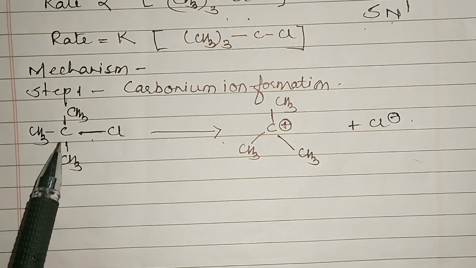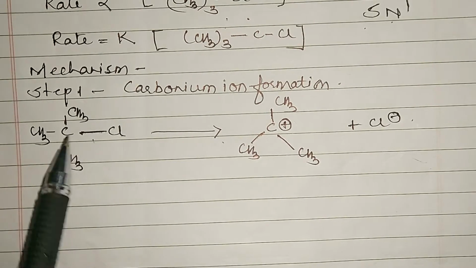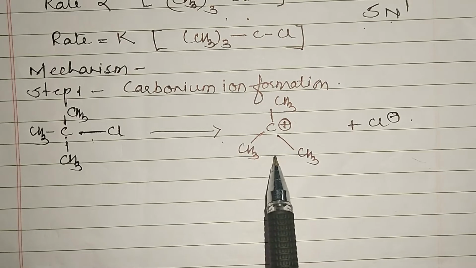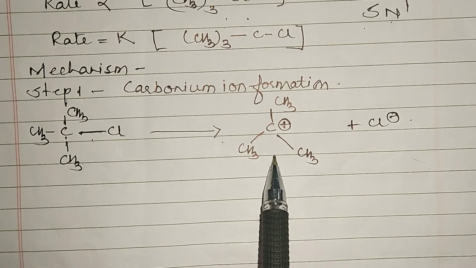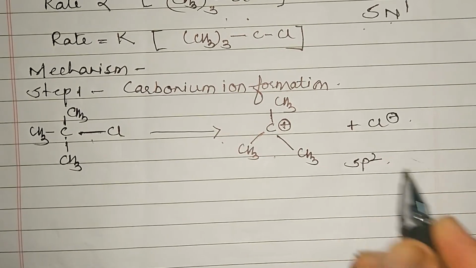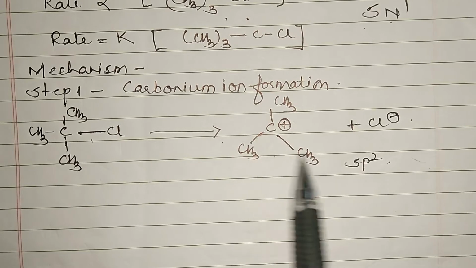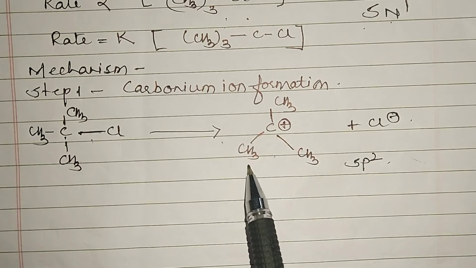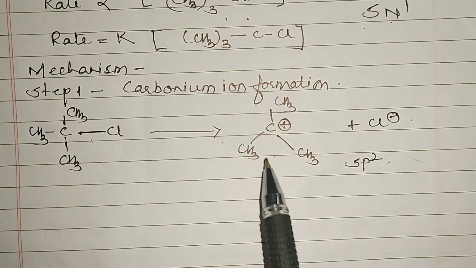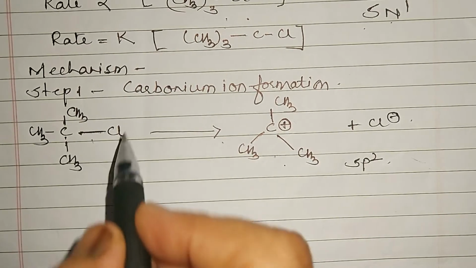Here the carbon is in the sp3 hybridization state, but in this cation the carbon is in the sp2 hybridization state. This is a planar ion and the hybridization is sp2.